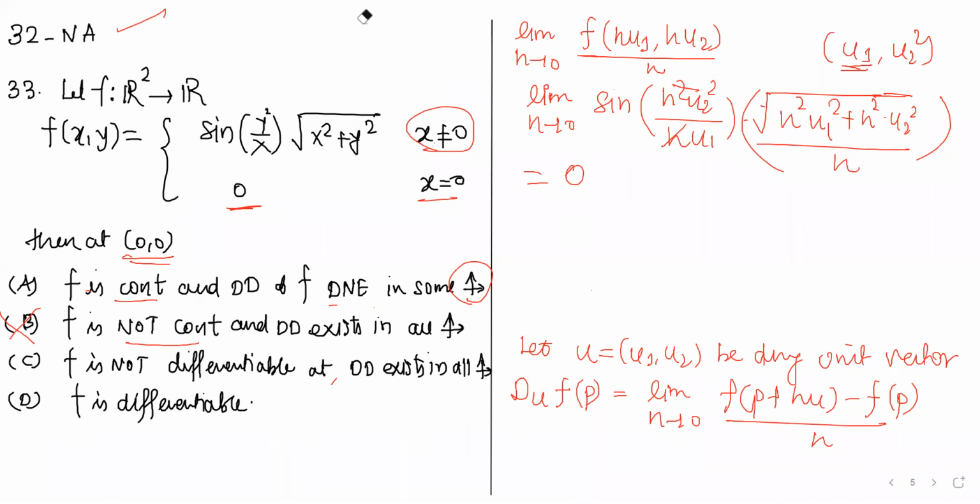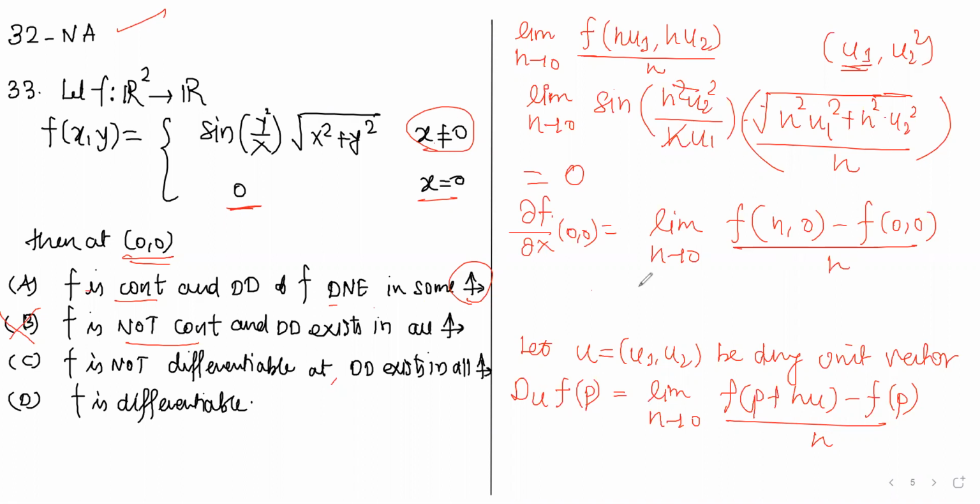Now let us check differentiability. For differentiability, we will first consider partial derivatives. So del f over del x at 0, 0 will give me limit h tends to 0, f of h comma 0 minus f of 0, 0 upon h. At the place of x, I have to keep h, and at the place of y, it will be 0.